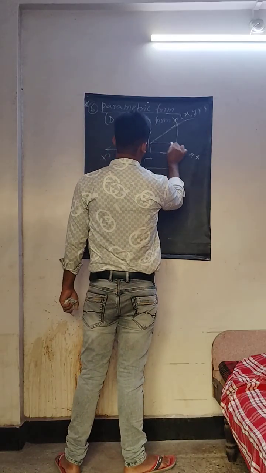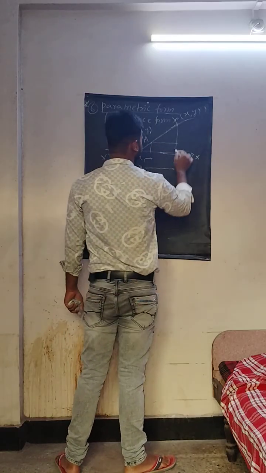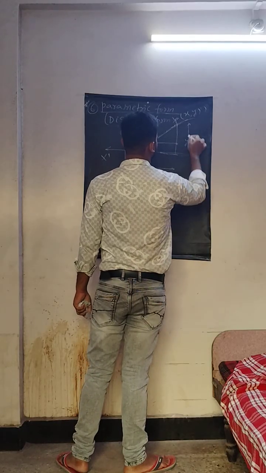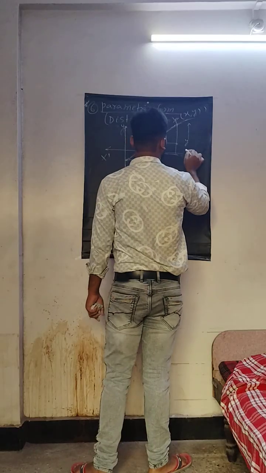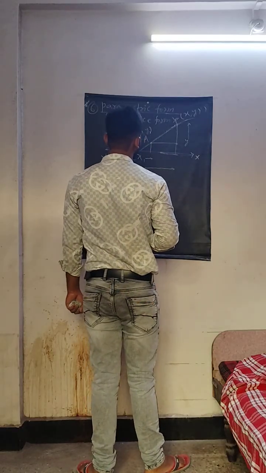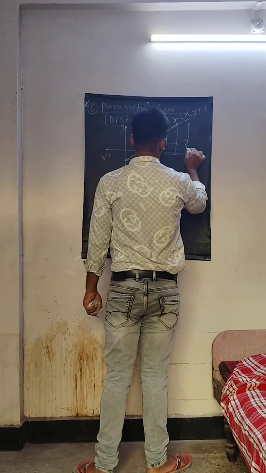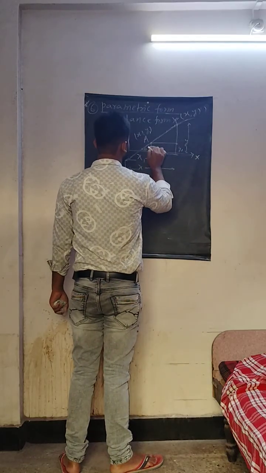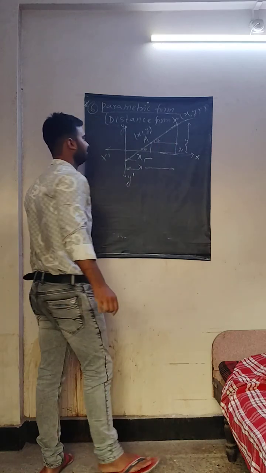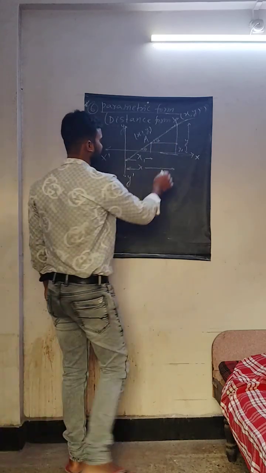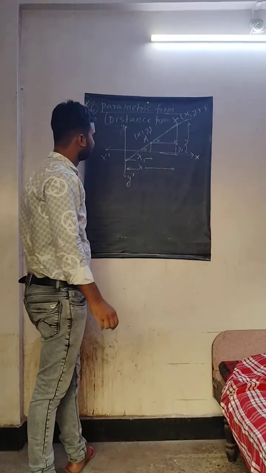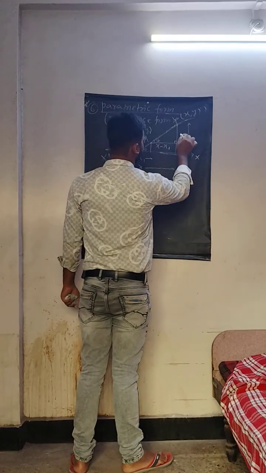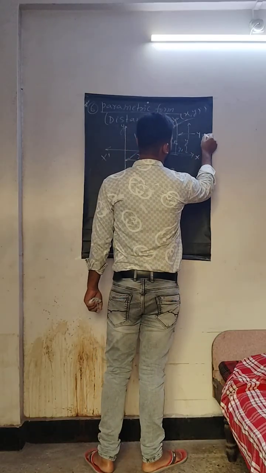Total length is y and this length is y1. This angle is theta. This length is x minus x1, and similarly this length is y minus y1.